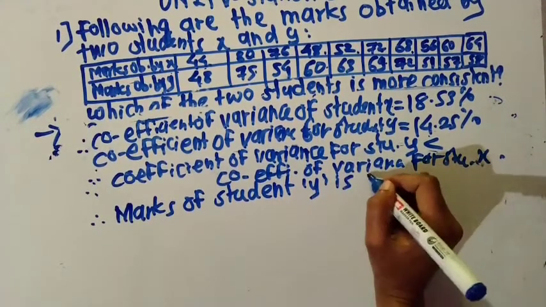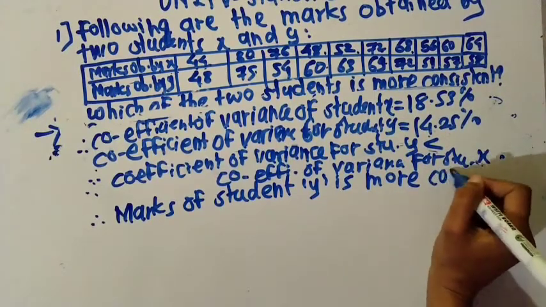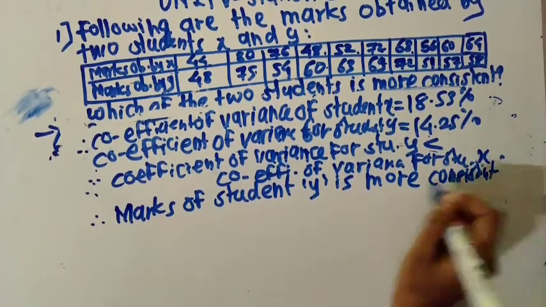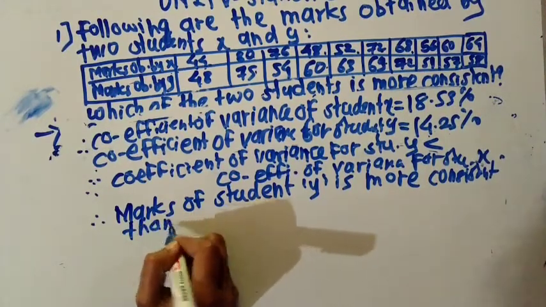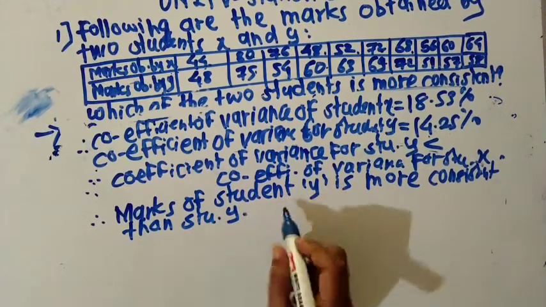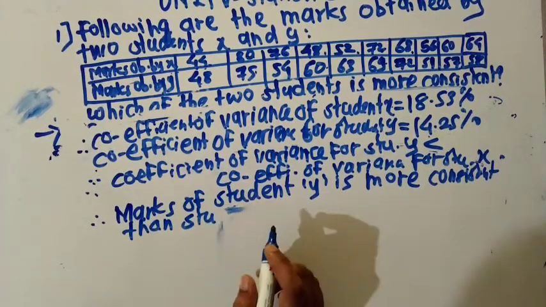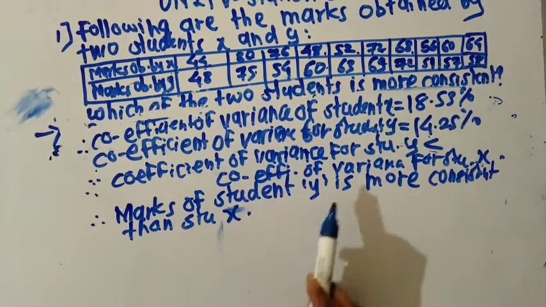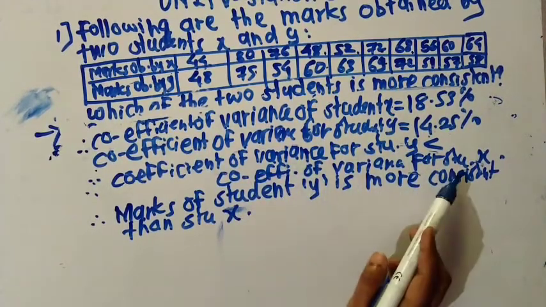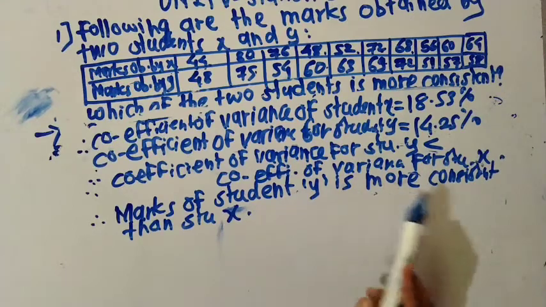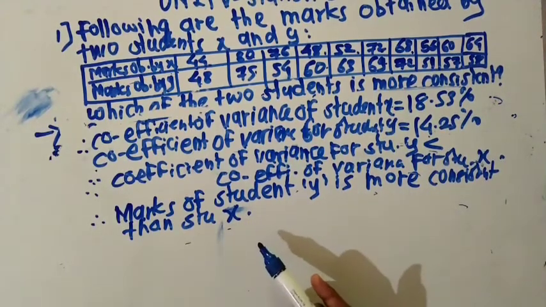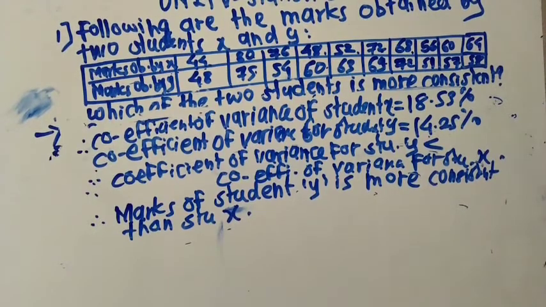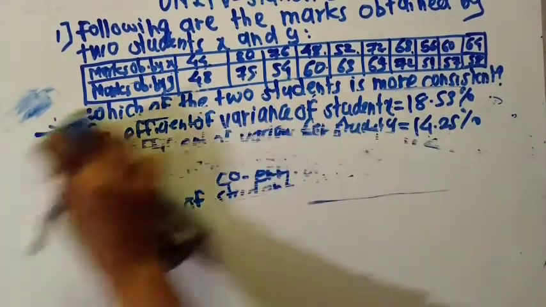Y is more consistent than student X, meaning the coefficient of variance of Y is less than that of X, and the one that is less is more consistent than student X. So Y is more consistent. Then we give the second example.